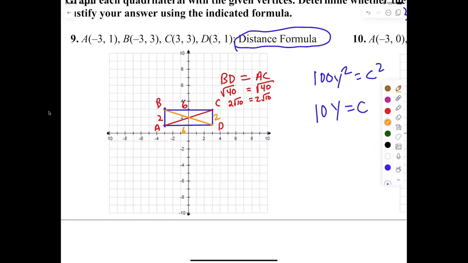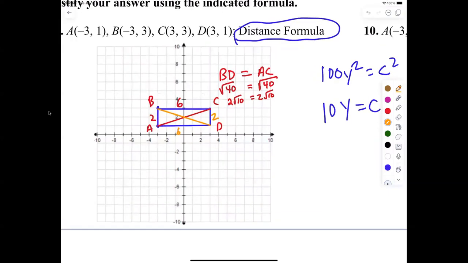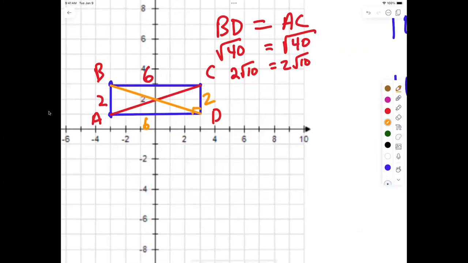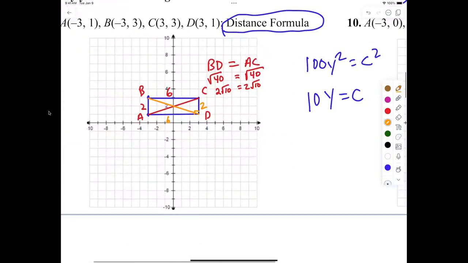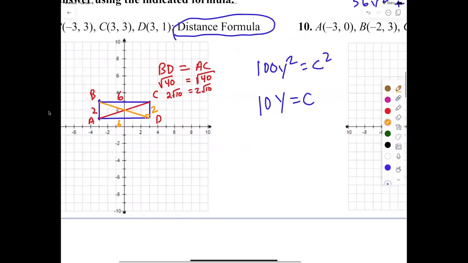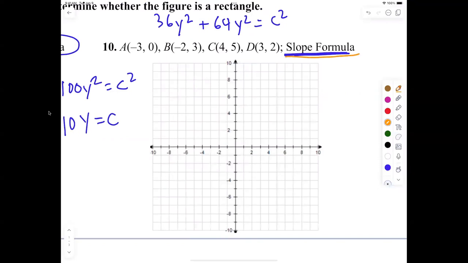So knowing that this is 6 and this is 2 does not make it a rectangle. Your observation makes it a rectangle because you know these are perpendicular. Now, we know they're perpendicular because the slopes are negative reciprocals. Over here it says using the slope formula. So if you want to prove that a quadrilateral is a rectangle, you look at all 4 slopes.